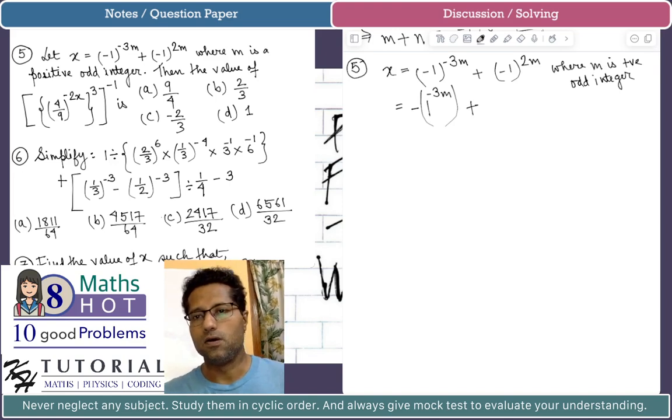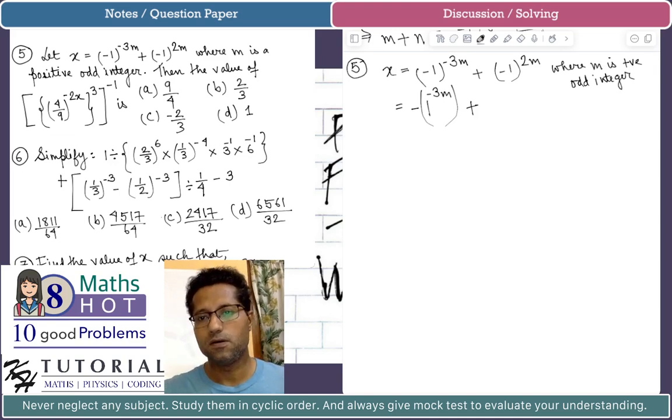And also this term, minus 1 raised to the power twice m, where m is a positive odd integer. Now twice m, irrespective of whether m is positive or negative, will always be an even integer. If you multiply any integer by 2, it will always be an even integer.